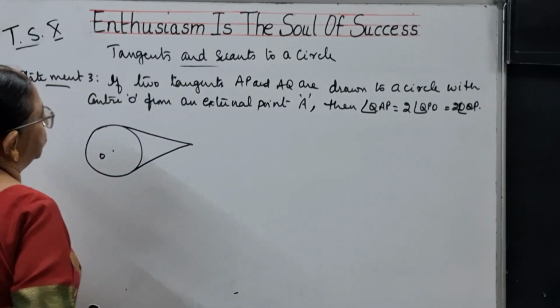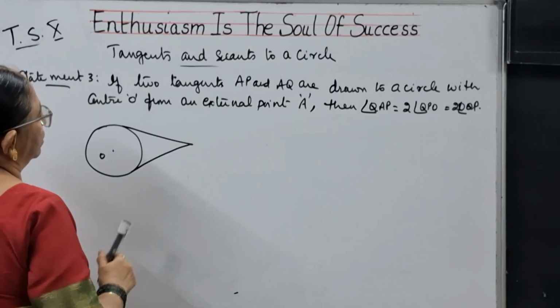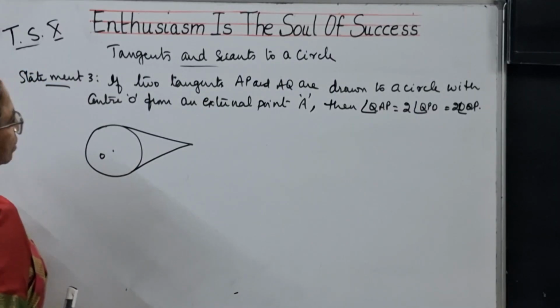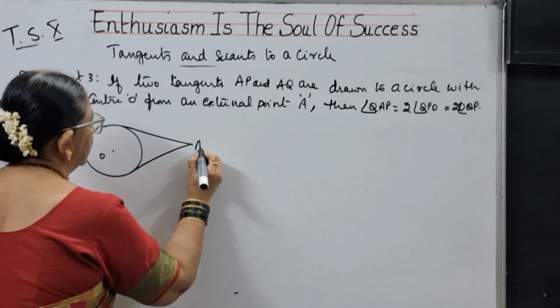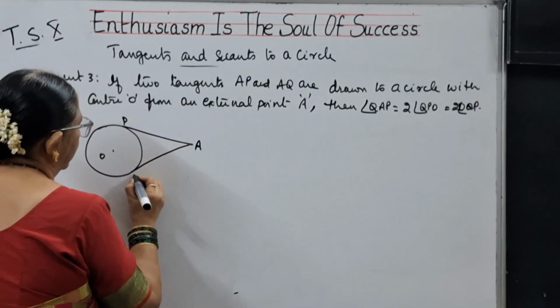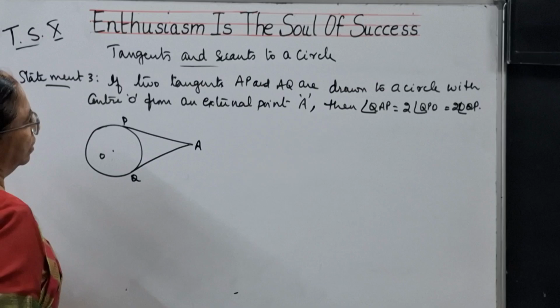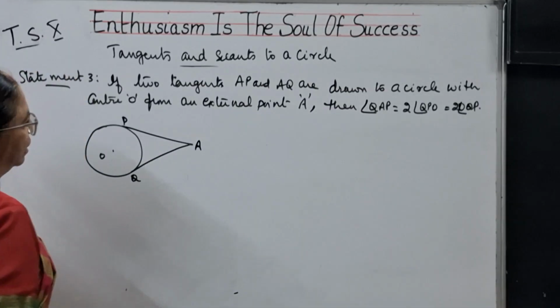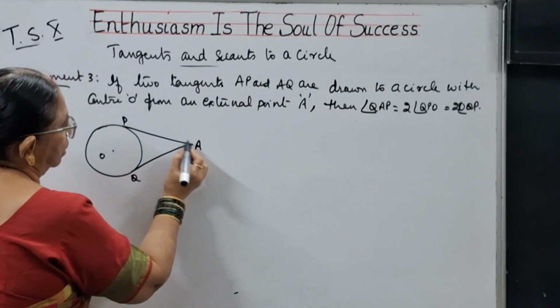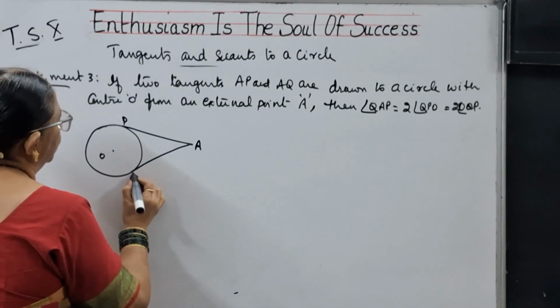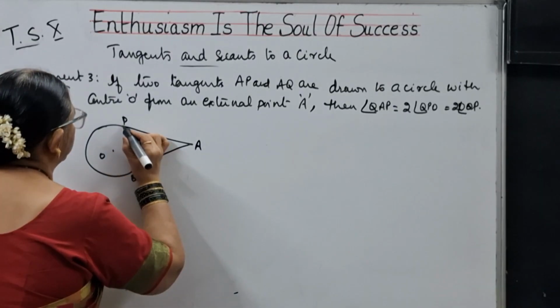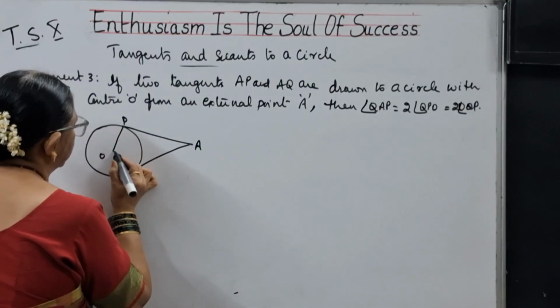Two tangents AP and AQ are drawn to a circle with center O from an external point A. So this is AP and this is AQ. Then angle QAP is equal to 2 times of angle QPO. So you have to join this.